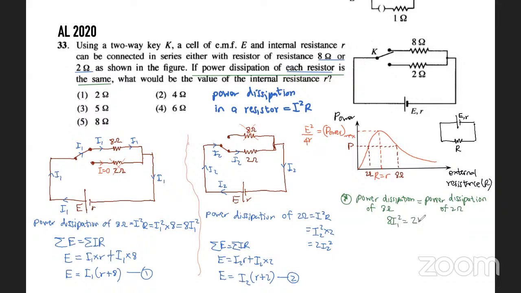For 2 ohm, it is 2 I2 squared. So from that one, I can figure out I1 squared over I2 squared is equal to 2 over 8, which is 1 over 4. So I1 over I2 is half.